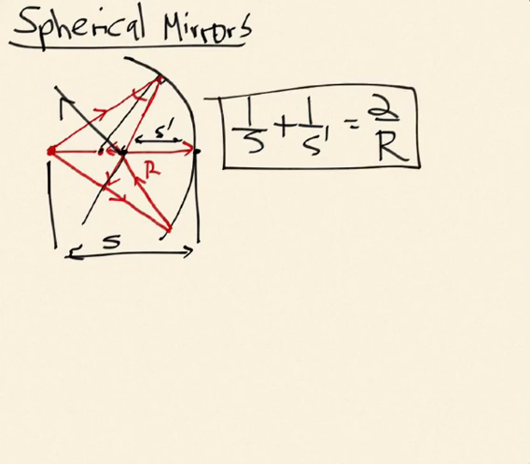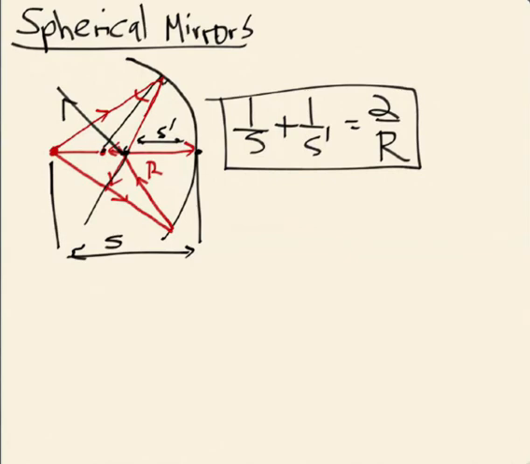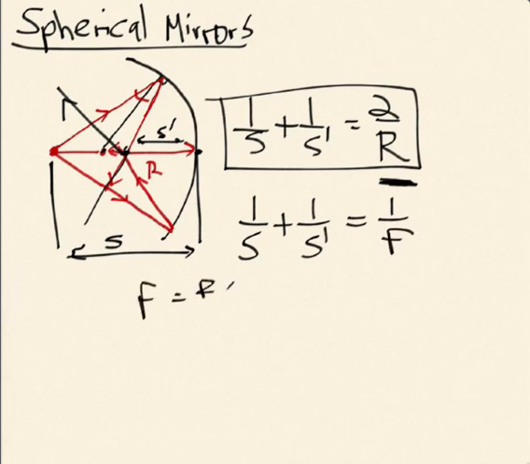This inverse length, 2 over R, is often written as 1 over the focal length of the mirror. So we'll often write it like this: 1 over S plus 1 over S prime is 1 over what's called the focal length. In the case of a spherical mirror, the focal length is R over 2.